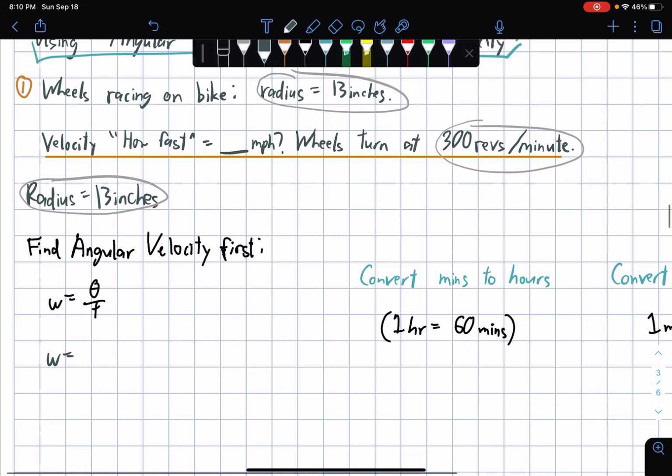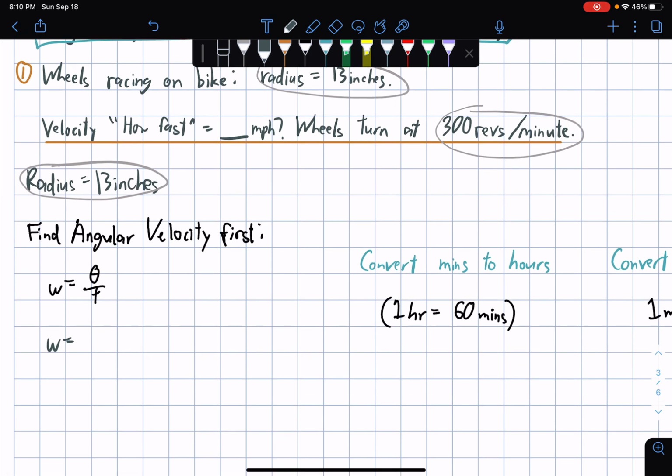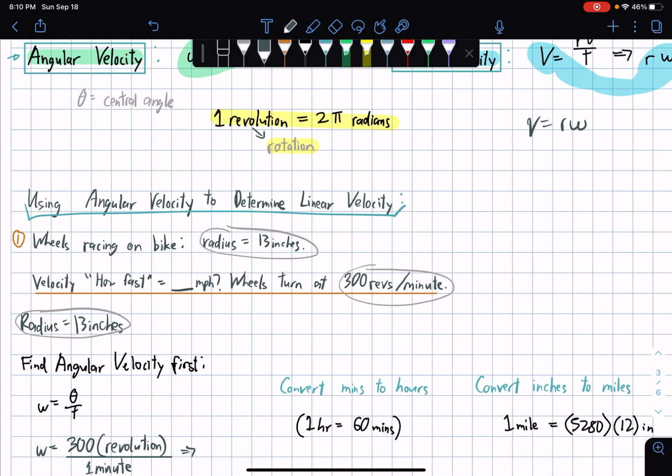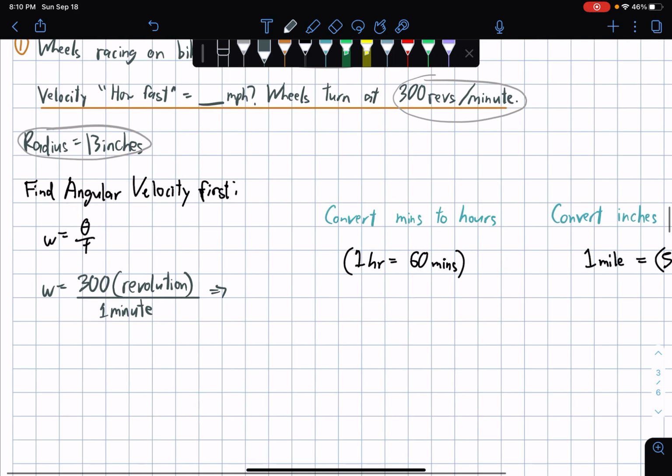So for angular velocity, just write 300 times revolution, then below, 1 minute, since it's stated in the given per minute. So that is our time. Let's apply this formula. 1 revolution is 2 pi radians, so 300 times 2 pi over 1 minute.